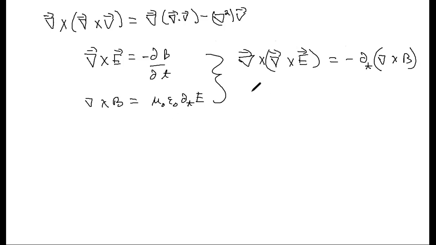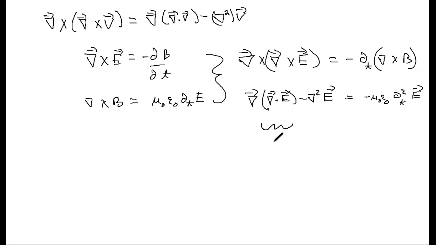This may be written as del of del dot E minus gradient squared of E equals minus mu naught epsilon naught times the second time derivative acting on the electric field. And this first term is 0 in vacuum.